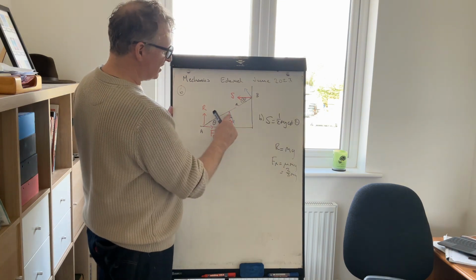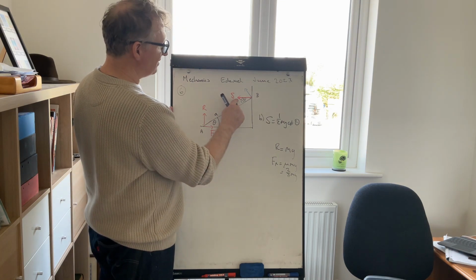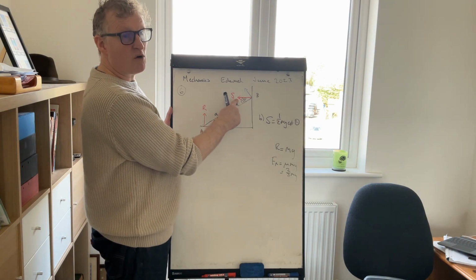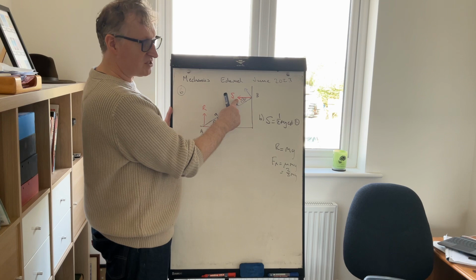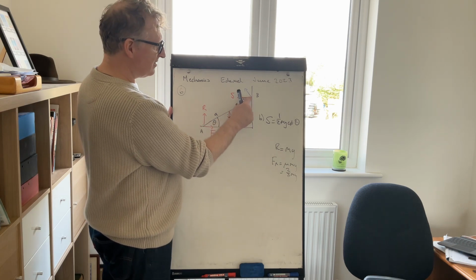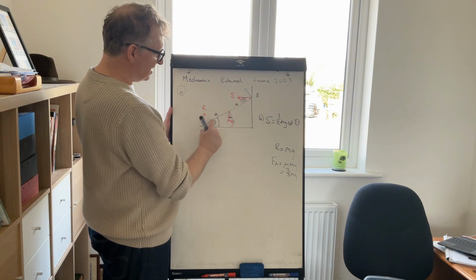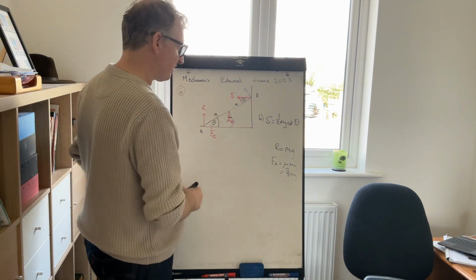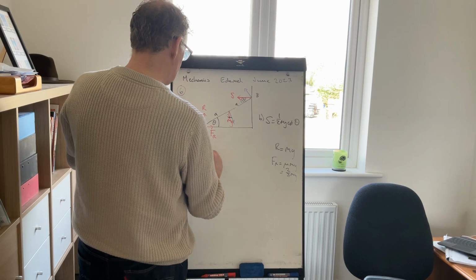S has got to be bigger now to match it in terms of moments. S hasn't moved, so the distance can't change, so S itself must increase. So S is going to be larger.